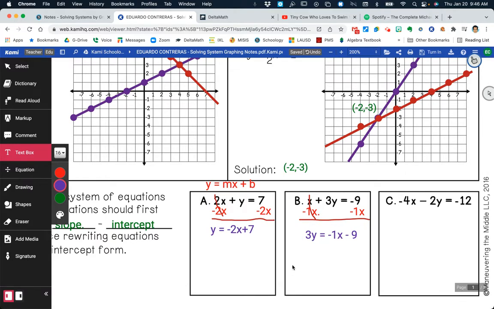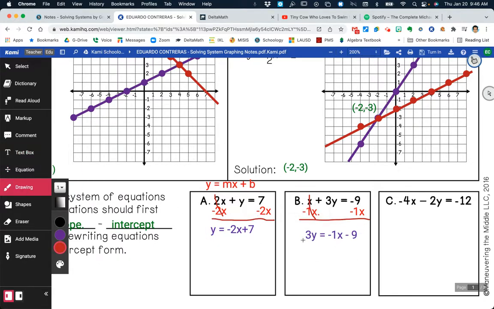We're not quite there, right? Almost, but not there. We have 3 times y. We want just y. We have to get rid of that 3 that's being multiplied. You've got to divide it. So here comes the drawing tool again. I'm going to draw little fraction bars to show division.